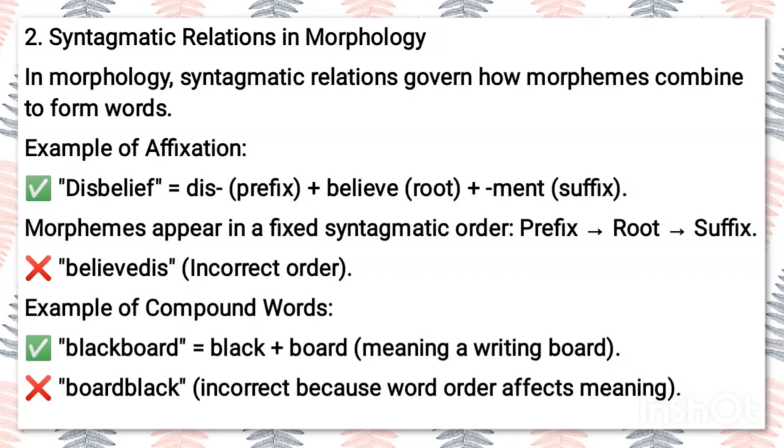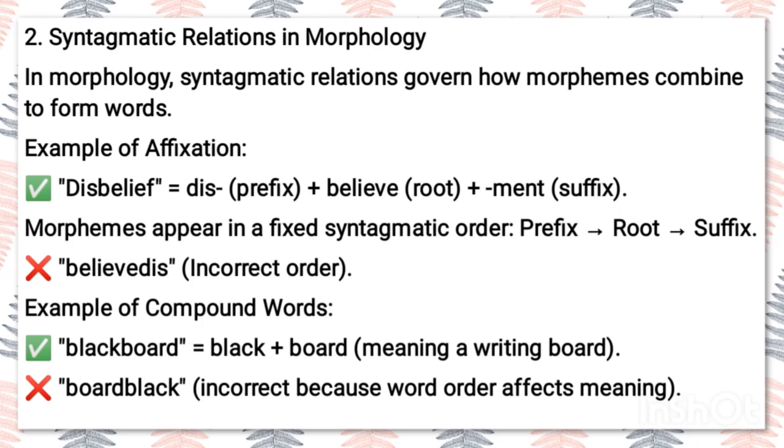in the sentence. In morphology, syntagmatic relations involve the way morphemes, the smallest units of meaning, combine to form words. The sequence of morphemes must follow a specific order to produce grammatically correct words. For example of affixes, disbelievement: dis is a prefix, plus believe, the root, ment is a suffix.